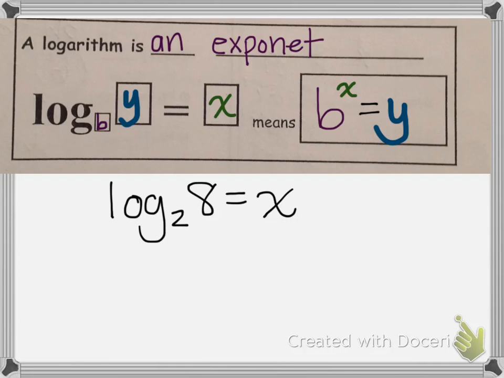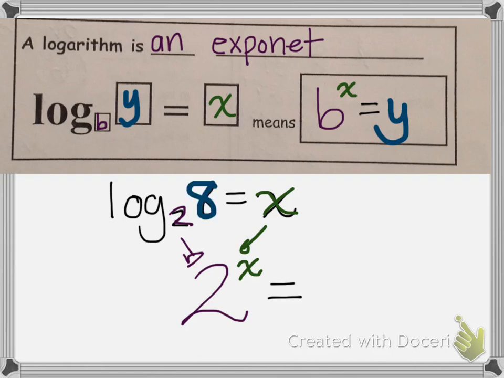Keeping in mind that a log is equal to an exponent, we can write it this way. The 2 becomes the large base of the exponential equation, the x is the exponent, so that goes with the 2, and the only number left over is 8, so that's what it equals.